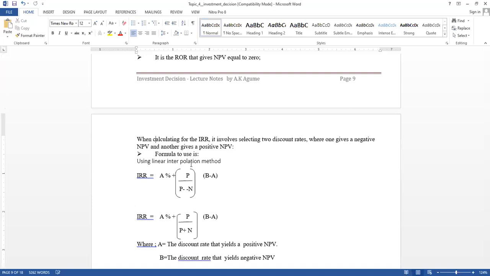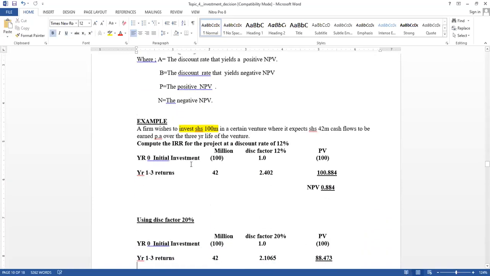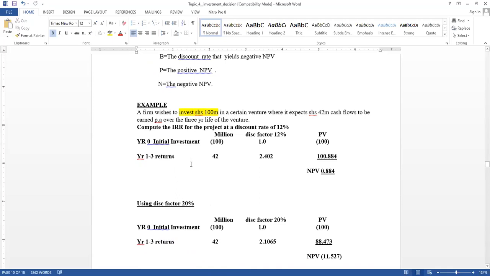So basically, the discount rate assumed is based on the individual, so that you come up with a negative, and then you'll be able to substitute in the formula that we have. Yes, you need to look at the rate. If the rate that they have given you has given you a positive NPV, then that means that you need to increase the rate further.